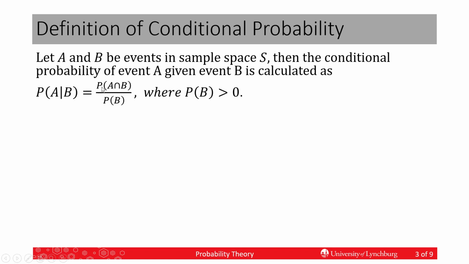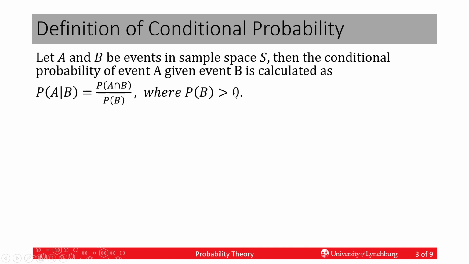And then we take the probability of A and B, the intersection, divided by the probability of the event that has occurred, which is B. So the pattern here is that both of them occur in the top, A and B. And then the one that is given or has occurred or fixed as having occurred is B, and that's on the bottom in this case.